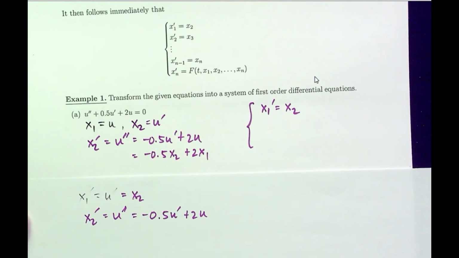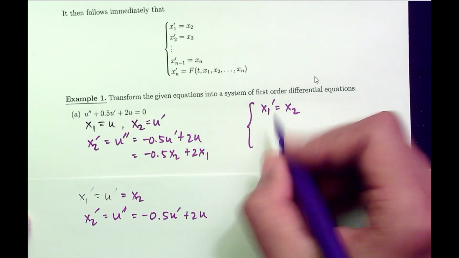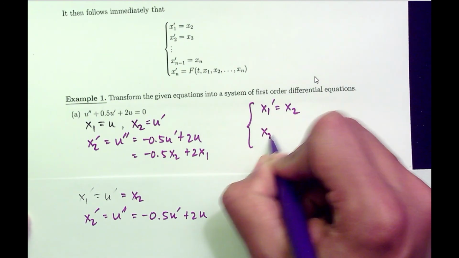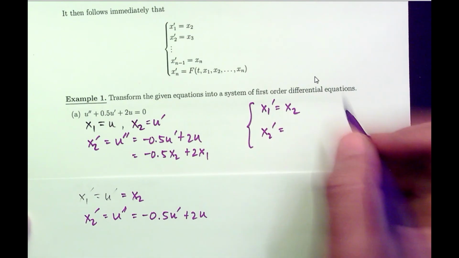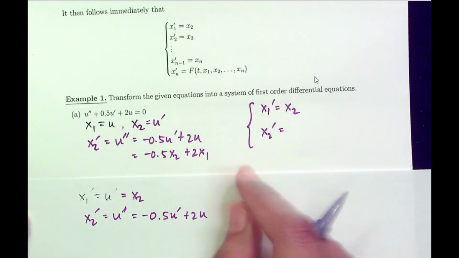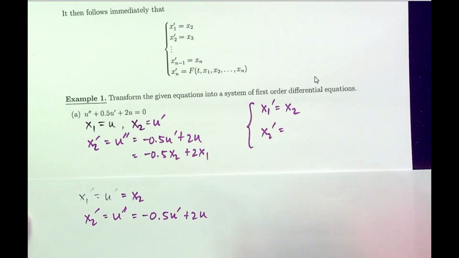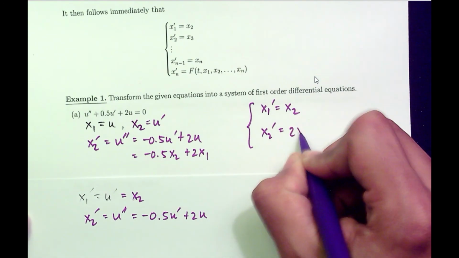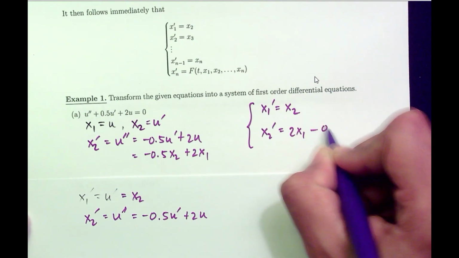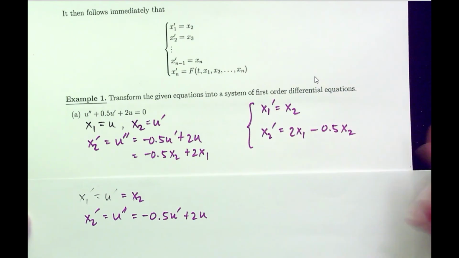So that's rewriting everything in terms of x1 and x2. And that's your last equation. So my last equation is going to be x2 prime equals this. And I like writing things in order of subscripts, so I'm going to write this one first, minus 0.5 x2. And that's your system.